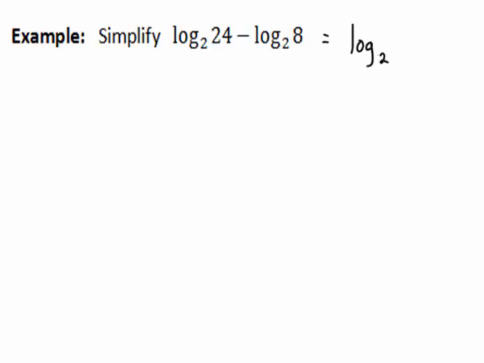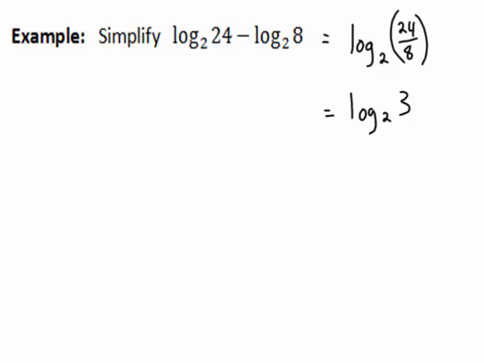And this tells us that the numerator is 24 over 8. Keep in mind, that's the entire argument, 24 over 8, which we can then simplify down to just the number 3. Log base 2 of 3. That's the same as log base 2 of 24 minus log base 2 of 8 is just log base 2 of 3, using the quotient rule.